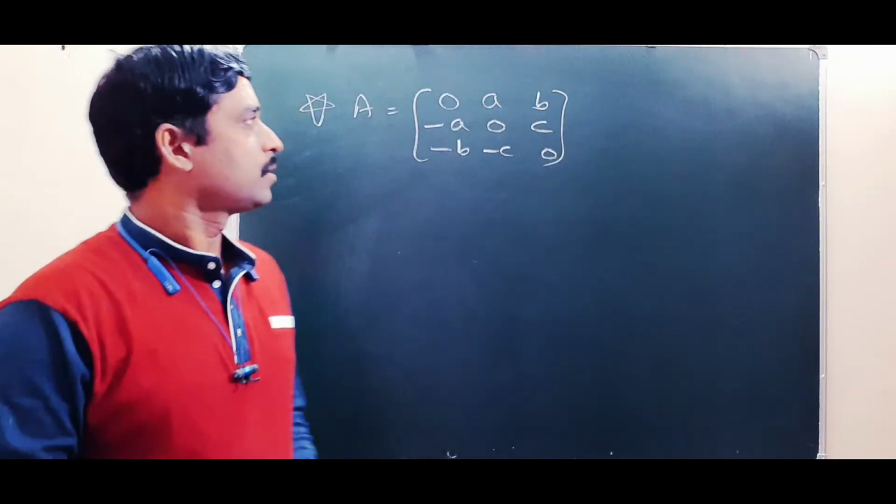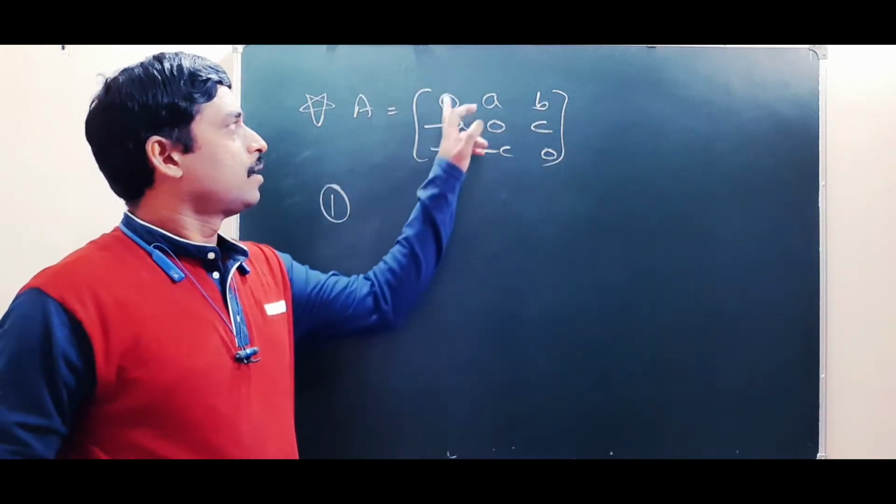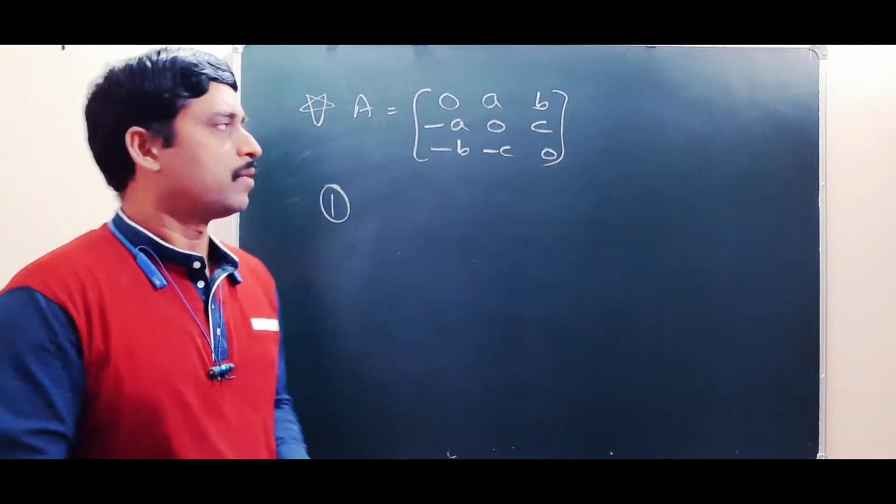Let us observe this skew symmetric matrix. First point: all principal diagonal elements of a skew symmetric matrix are always zeros.